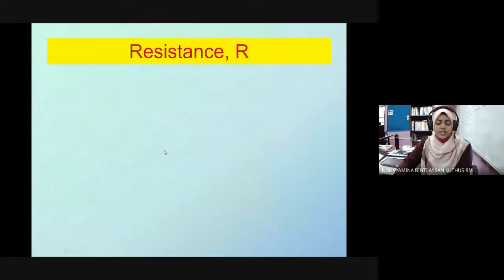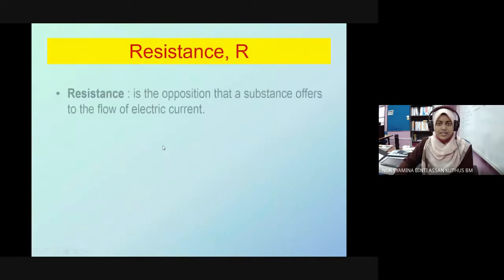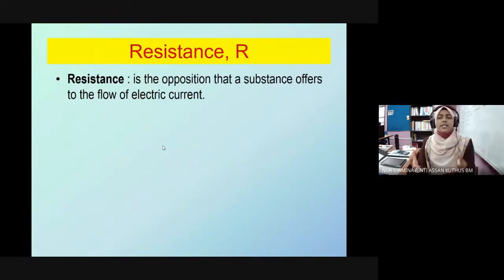Alright, so let's go and learn about resistance. So what is resistance? Tadi resistor adalah dia punya elemen, that particular electronic component. Resistance is the function inside resistor. The function of resistor adalah resistance. So resistance is the opposition that a substance offers to the flow of electric current.